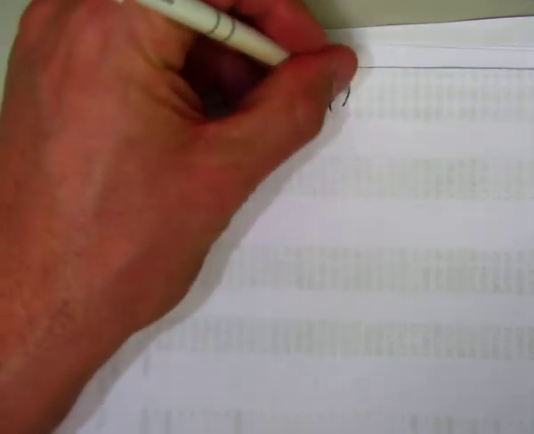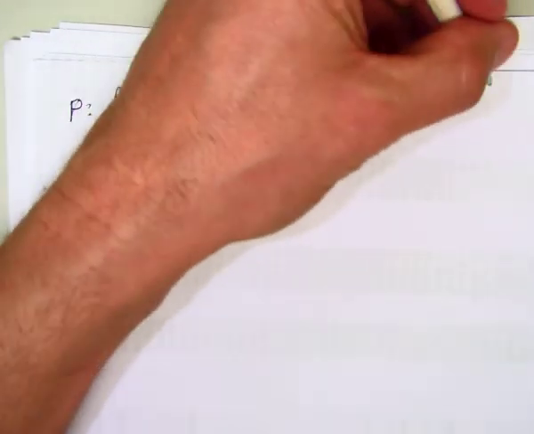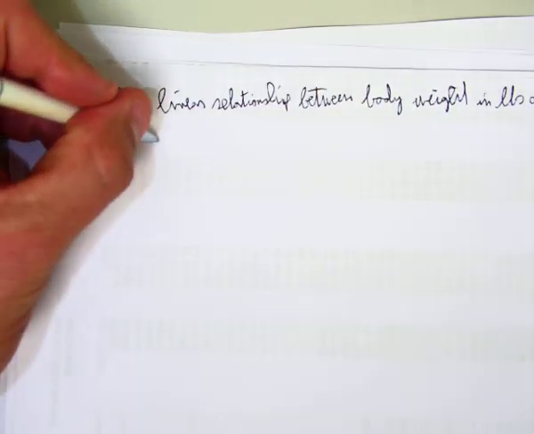So here's what we're going to do. The parameter here, big B, is the linear relationship between body weight in pounds and body fat percentage.